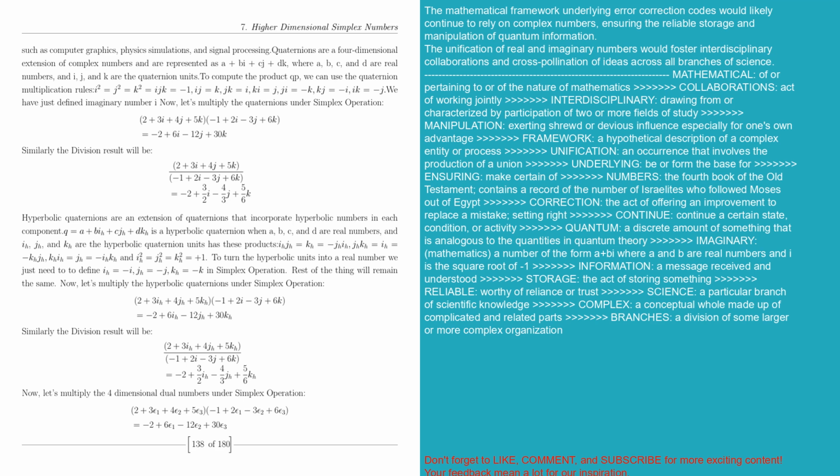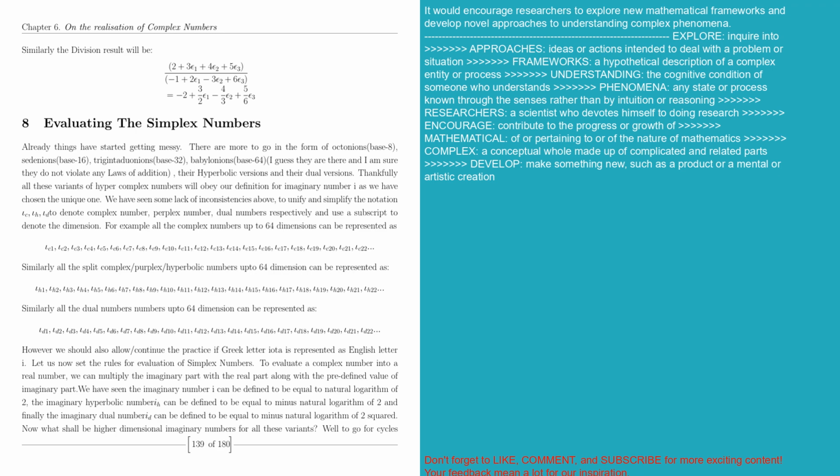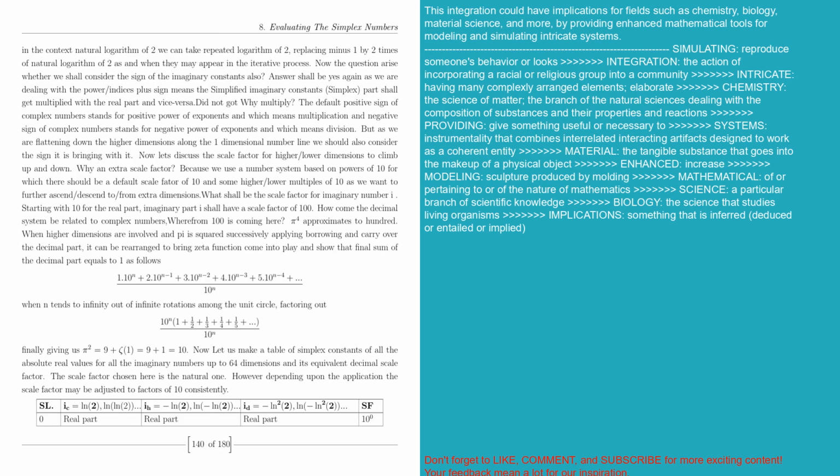The unification of real and imaginary numbers would foster interdisciplinary collaborations and cross-pollination of ideas across all branches of science. It would encourage researchers to explore new mathematical frameworks and develop novel approaches to understanding complex phenomena. This integration could have implications for fields such as chemistry, biology, material science, and more by providing enhanced mathematical tools for modeling and simulating intricate systems.